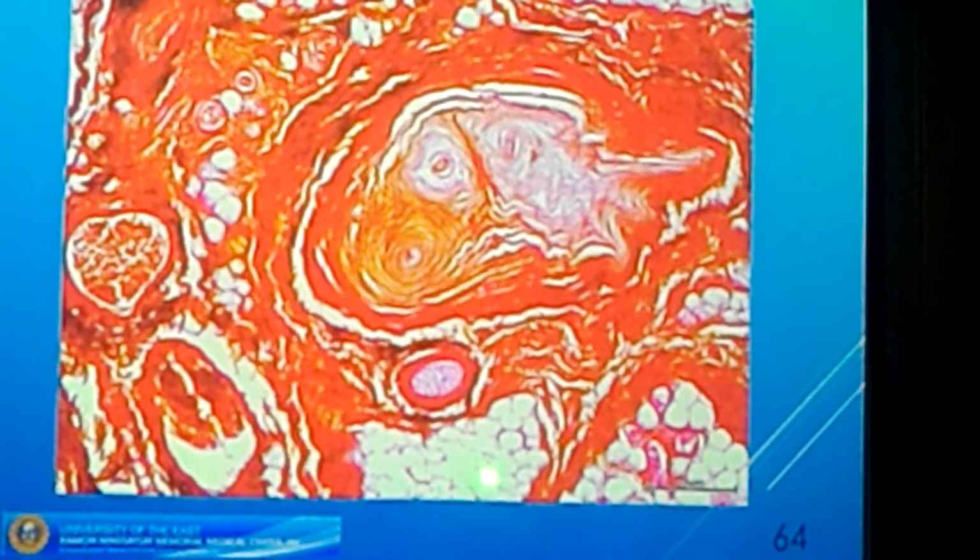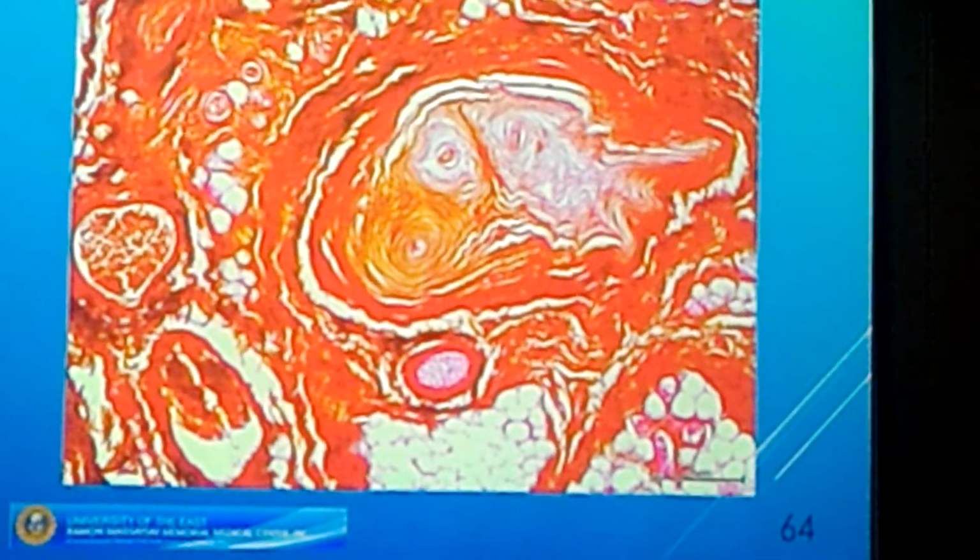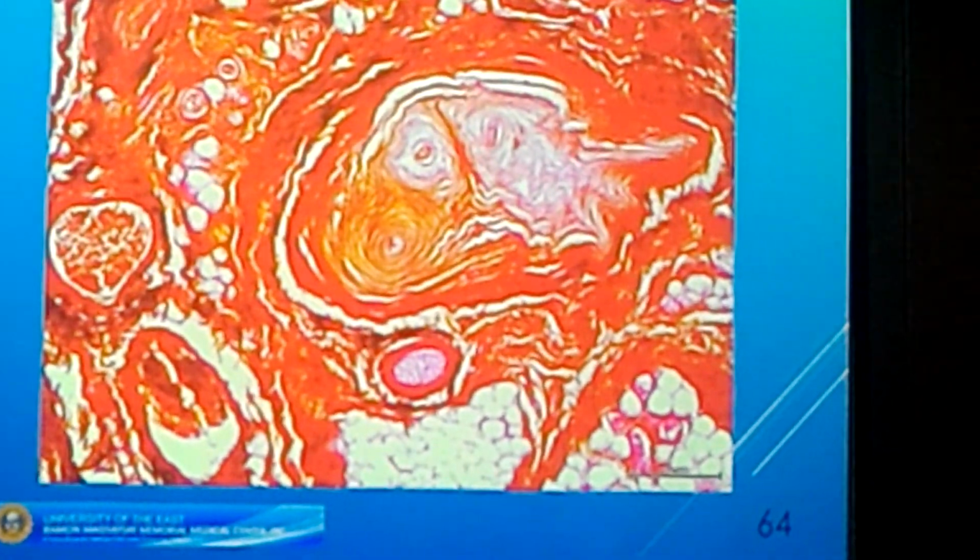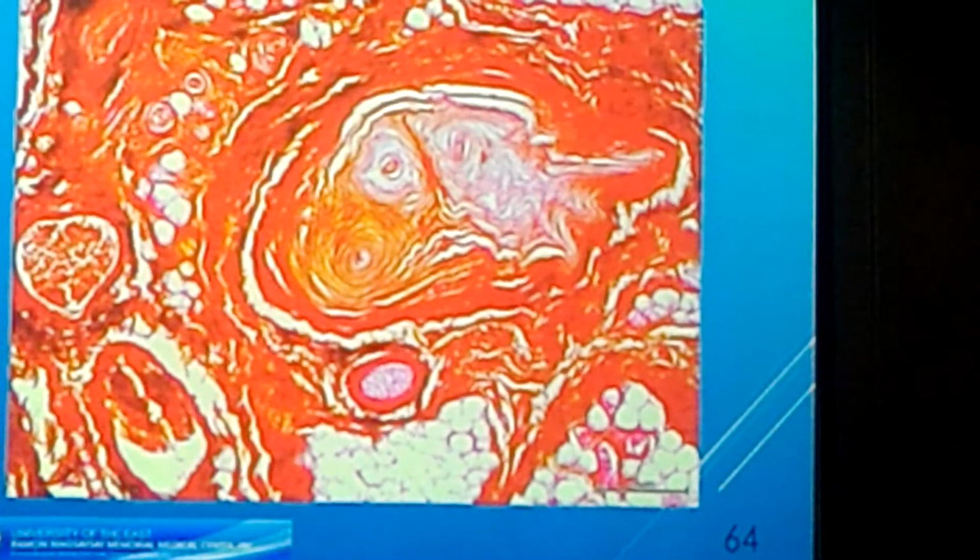What is this, class? Adipose. Mucus. Okay, very good. What is the function? Pressure. This one is easy.